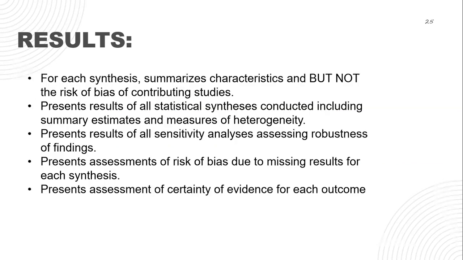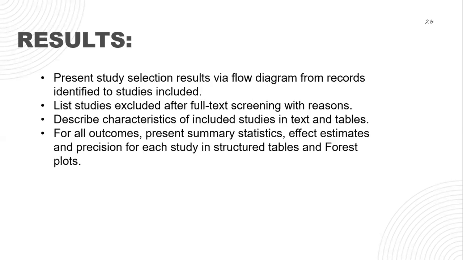In this systematic review, for each synthesis it summarizes characteristics but not the risk of bias and contributing studies, presents results of all statistical synthesis conducted, including summary estimates and measures of heterogeneity, presents results of all sensitivity analyses assessing robustness of findings, presents assessment of risk of bias due to missing results for each synthesis, and presents assessment of certainty of evidence for each outcome.